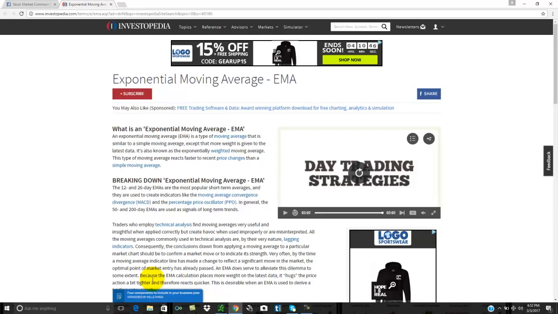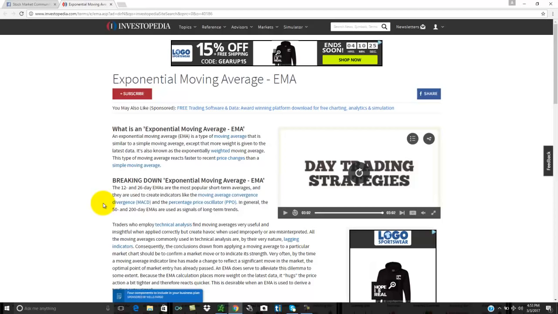We love this resource, so head over to investopedia.com, type in EMA or exponential moving average, and you'll see this here. I'll just read a paragraph or two, but I really want to show you hands-on what it actually looks like and what it means.